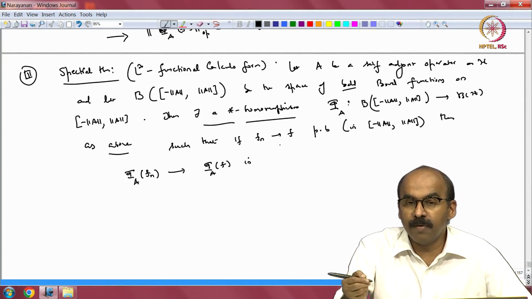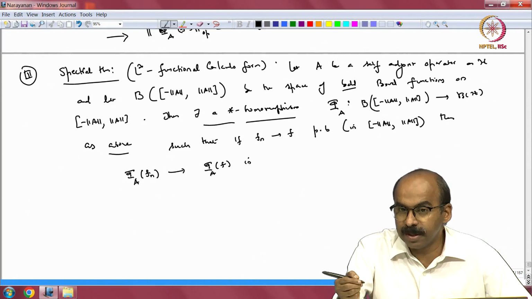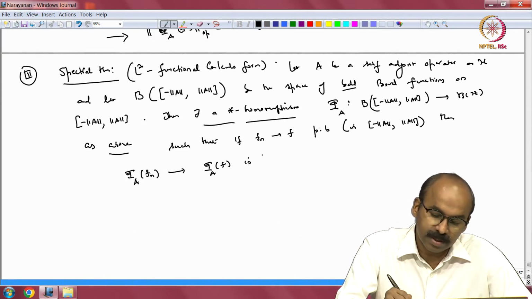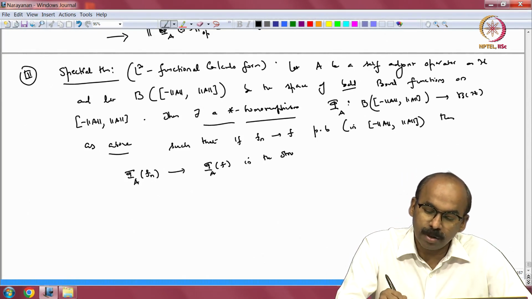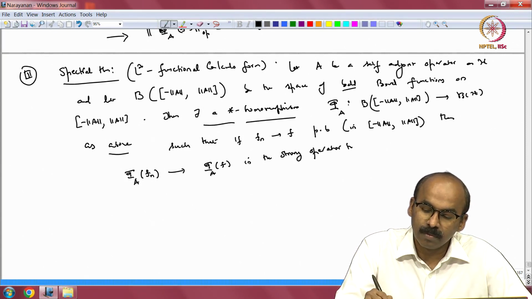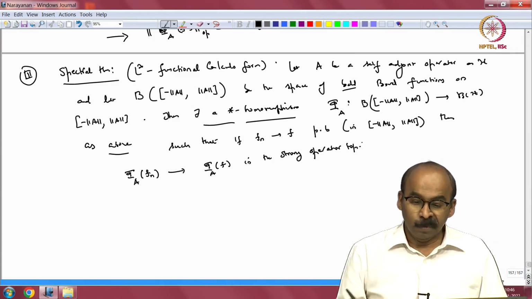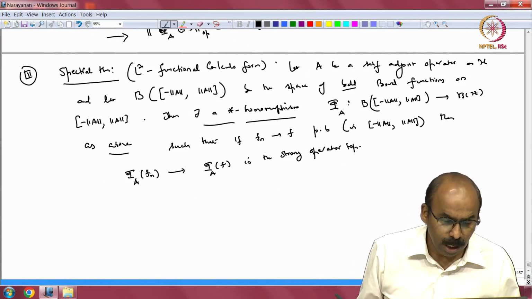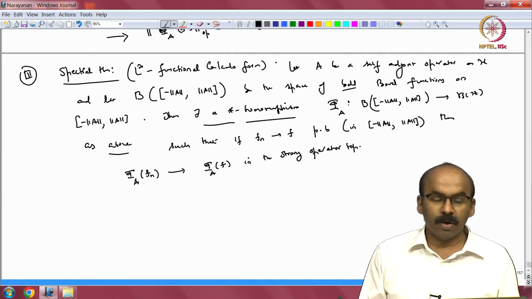So, if you evaluate it at any point x in the Hilbert space H, then you will have convergence. So, that is the L infinity functional calculus form.